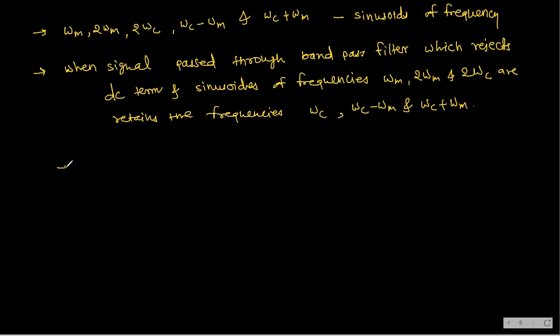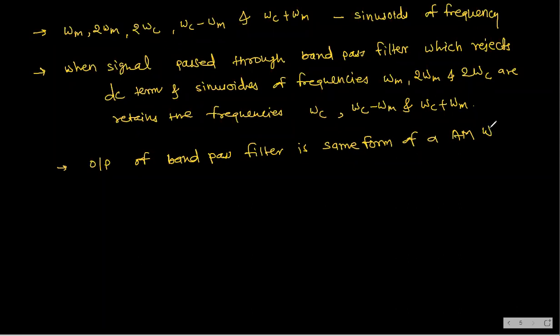So output of band pass filter is the same form of an amplitude modulated wave. Okay, so this is what production of amplitude modulation wave.